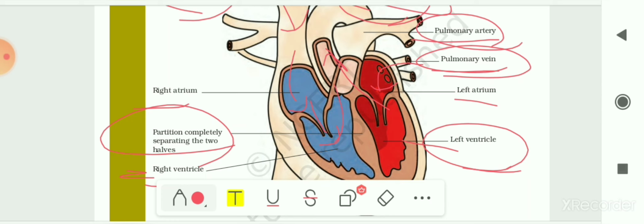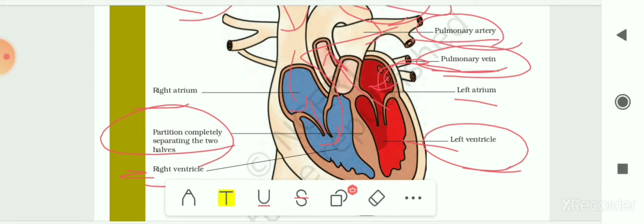From the lungs, through this pulmonary vein, the blood will reach the left atrium. So this is how the blood is circulating in our heart, or how our circulatory system is working.